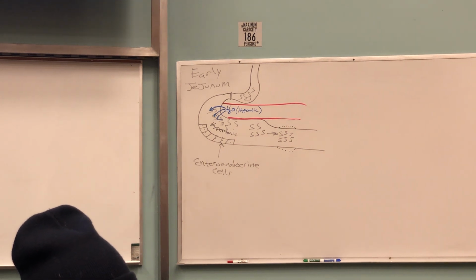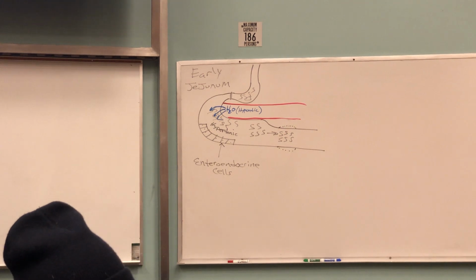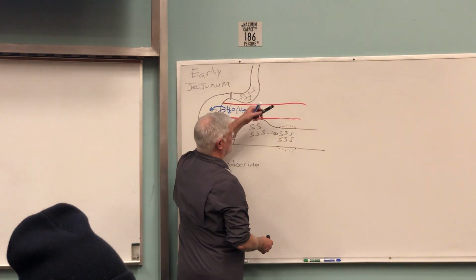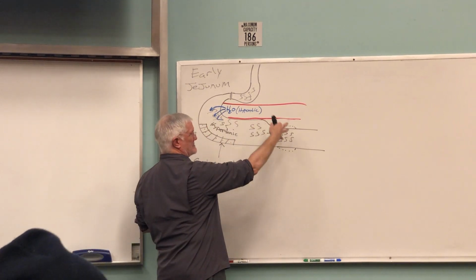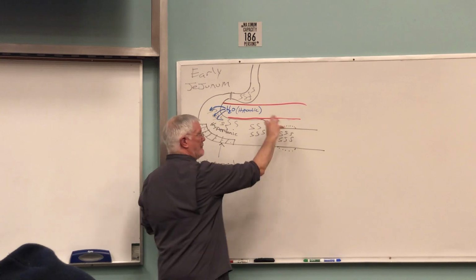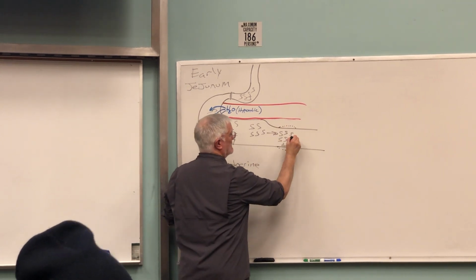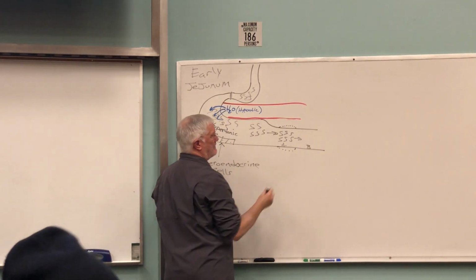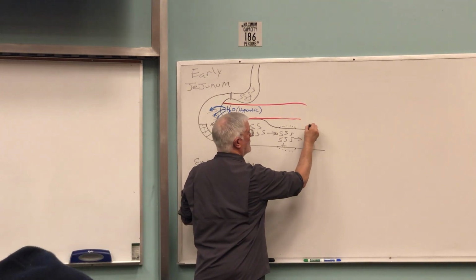That chyme is going to create local reflexes. And we're going to contract the circular and longitudinal muscles to create peristalsis, to move that bolus of chyme from location A to location B. And when that chyme gets there, I'll create more distension.